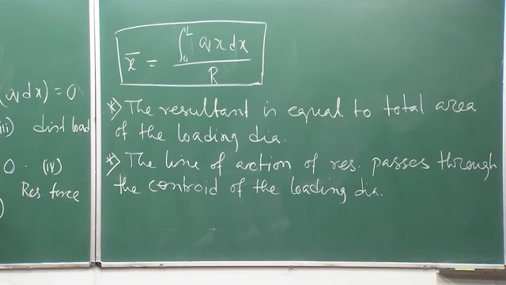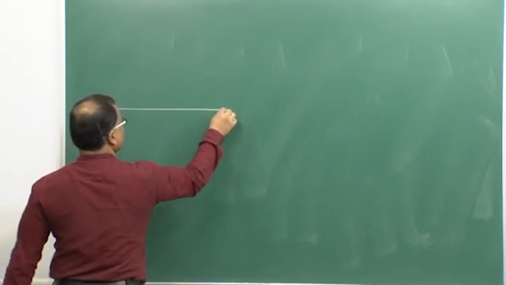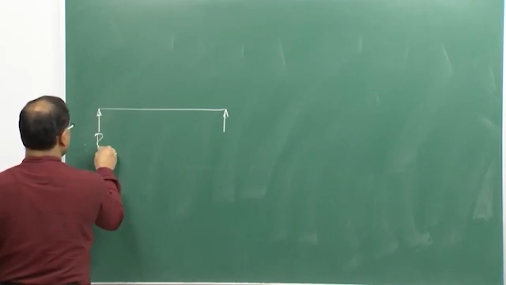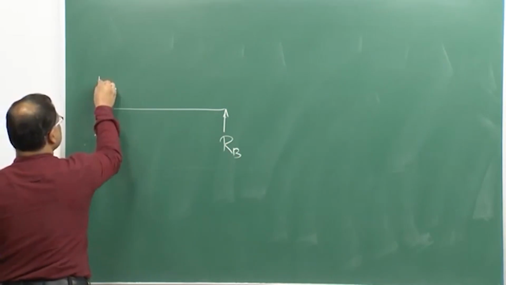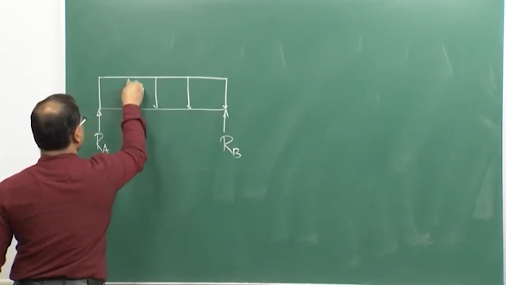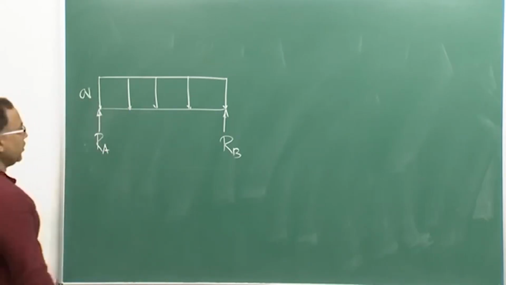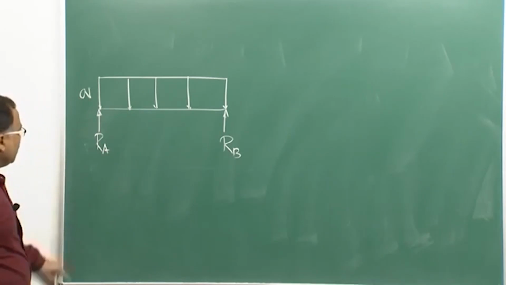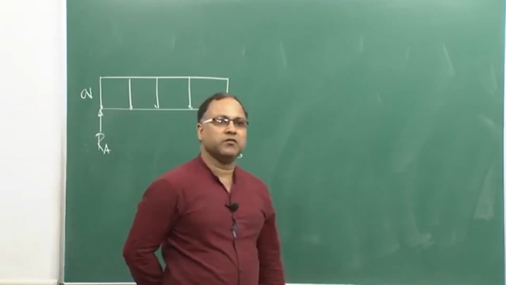Now, what I mean to say, suppose this is my beam, simply supported, RA, RB, and you have, say, a uniformly distributed load with load intensity Q. Now, to find out RA and RB, this resultant business will be fine enough.